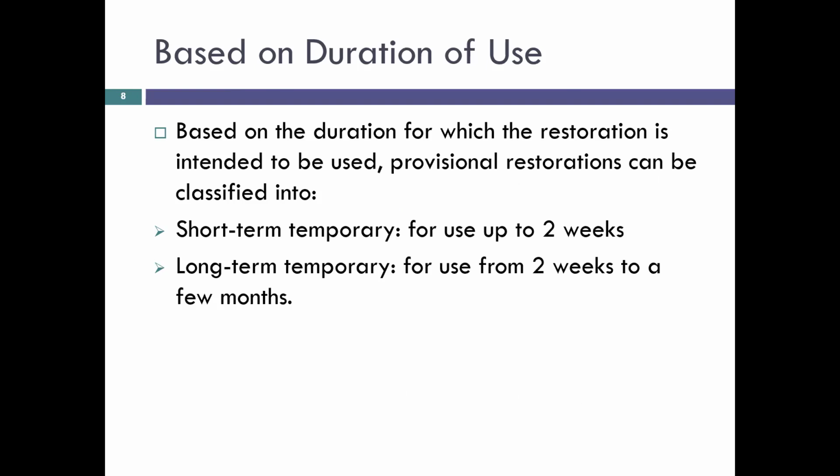Based on the duration for which the restoration is intended to be used, provisional restoration can be classified into short-term temporary crowns and long-term temporary crowns. Short-term can be used up to 2 weeks, and long-term is used for 2 weeks to a few months. Basically, long-term temporary crowns are used in case of full mouth fabrication or where the patient needs more time for the definitive prosthesis.